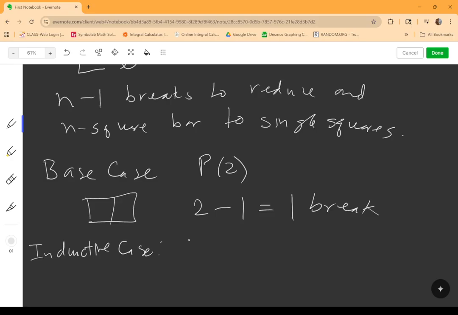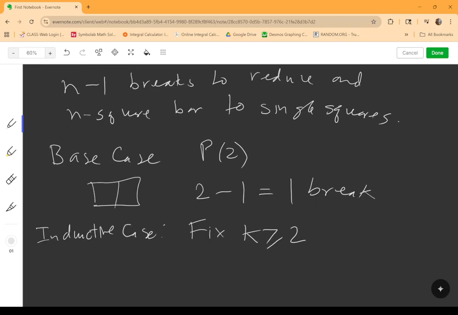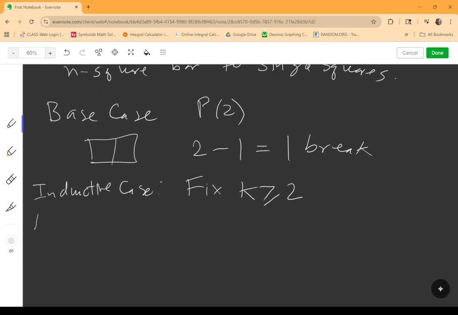All right, here I'm going to fix k to be greater than or equal to 2. And I assume P of j for all j less than or equal to k to be true.